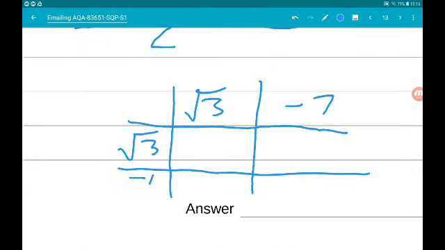Now each thing inside the table is a multiplication. So root 3 times root 3 is 3. Root 3 times minus 7 is minus 7 root 3. Then we get minus 1 root 3 down here. And then minus 1 times minus 7 is positive 7.